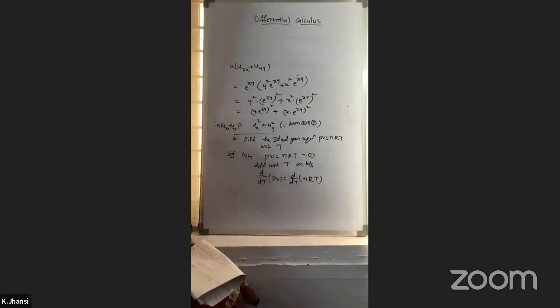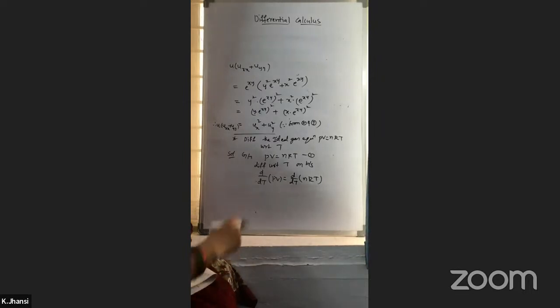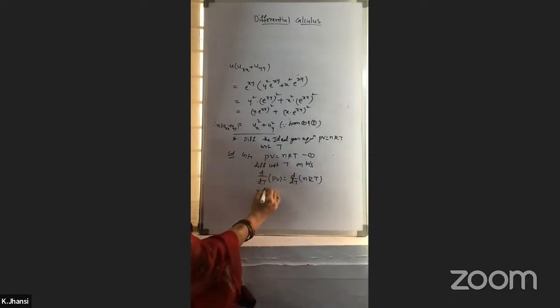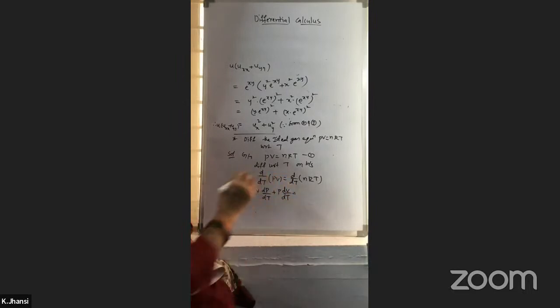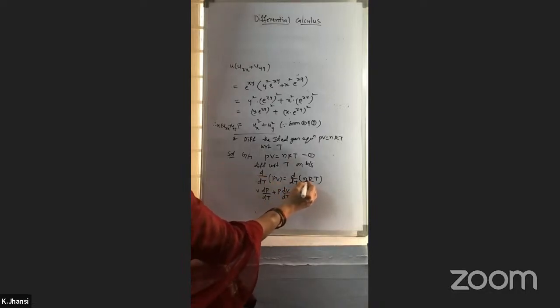P is one function and V is the other, pressure and volume. With the help of the UV rule, we get P into dV by dt plus V into dP by dt, equals n and R.